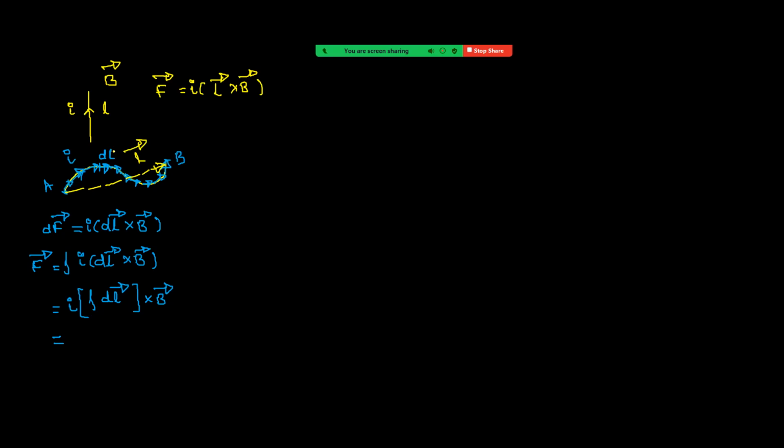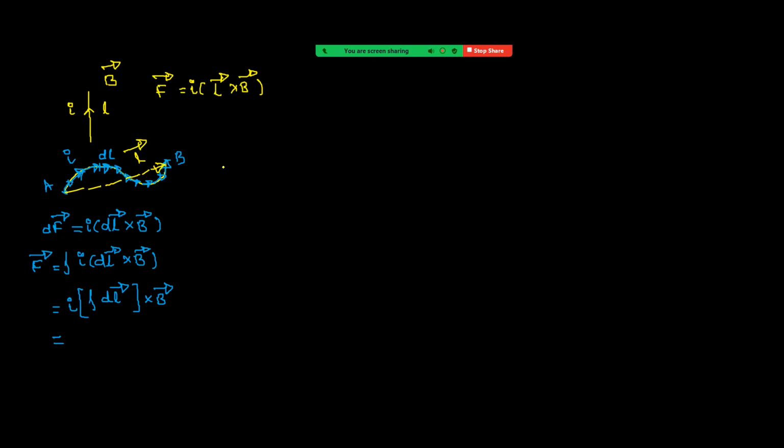So according to the polygon law of vectors, the resultant of these n vectors is given by the closing side taken in reverse order. That means connecting the tail of the first vector and the head of the last vector. This is now L bar. That means whenever the conducting wire is not a straight one, we simply find the position vector of the starting point and the position vector of the ending point.